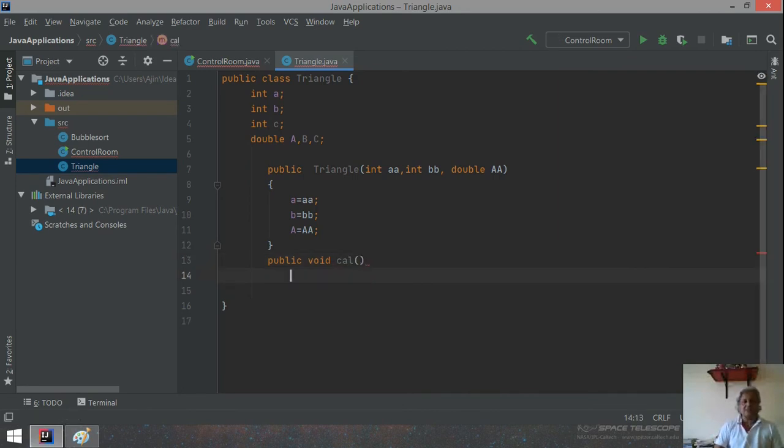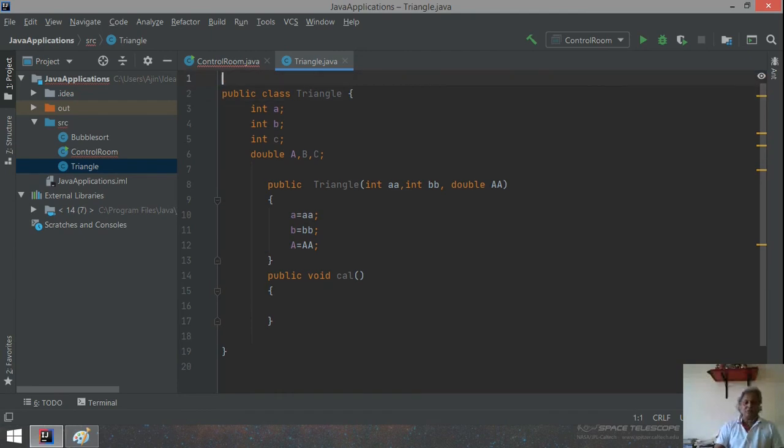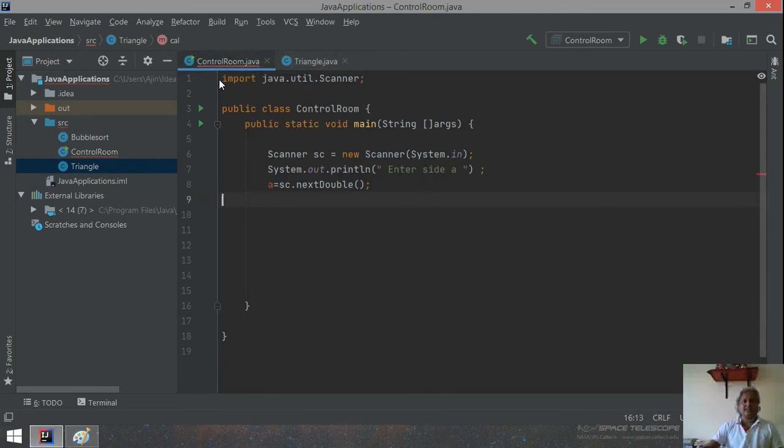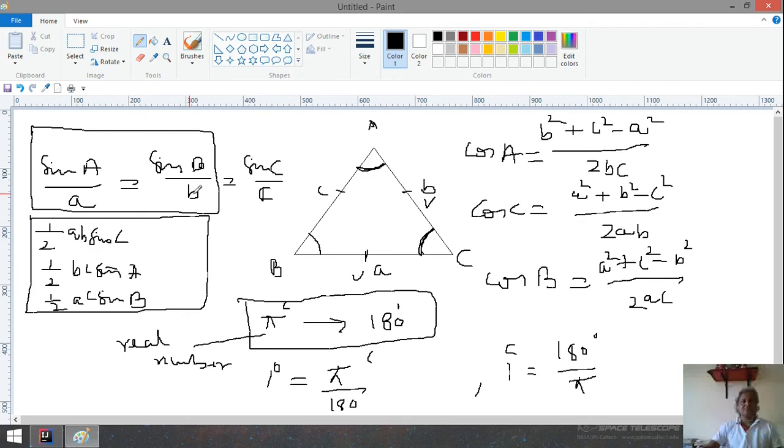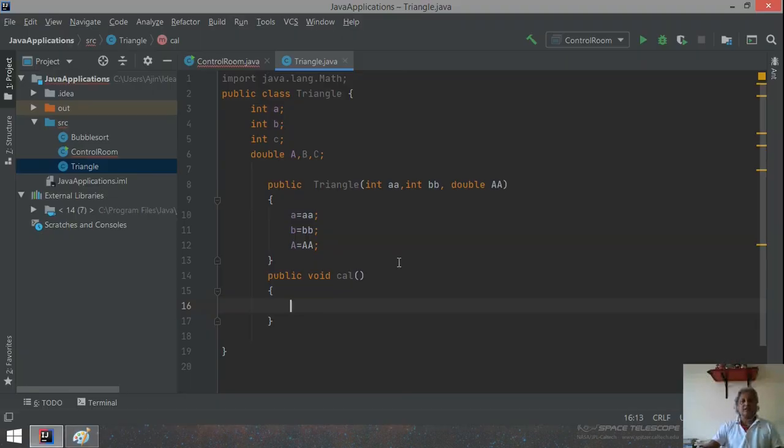Cal is the short form for calculation, and then I will need to import java.lang.math. Okay, and then inside this cal I will use this function because I have a, I have b, I have capital A. So sine B is b sine A upon small a.